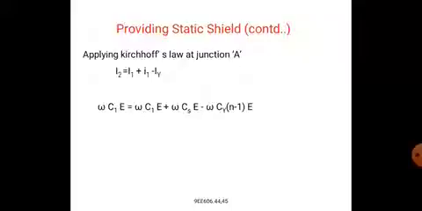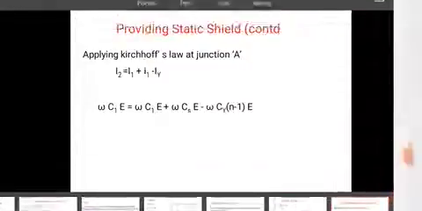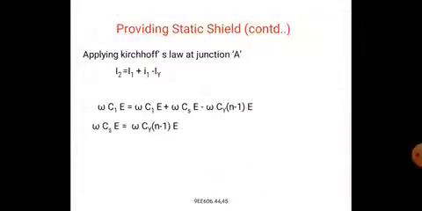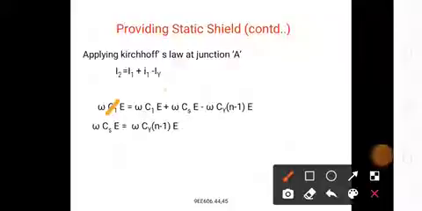I2 is nothing but WC1 into E, which is equal to capital I1, that is WC1 into E, because all the E voltages should be equal. So WCS into E, small I1, minus small Iy, is equal to WCy into n minus 1 into E, right? So Iy is the current at n minus 1 into E. Here these terms get cancelled.